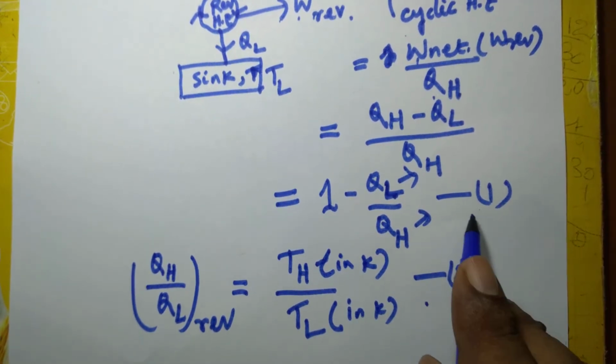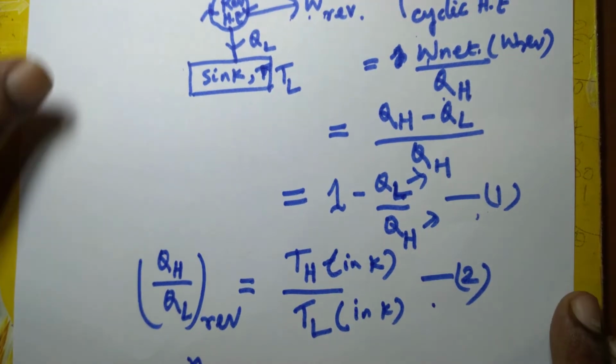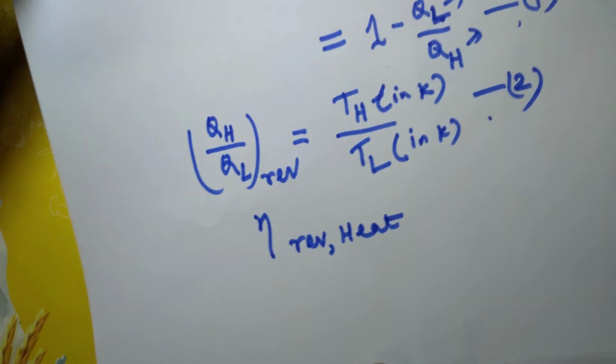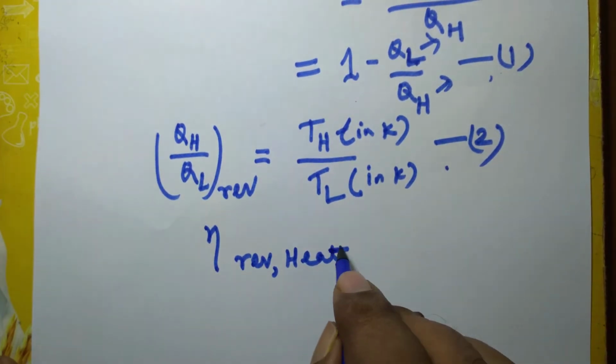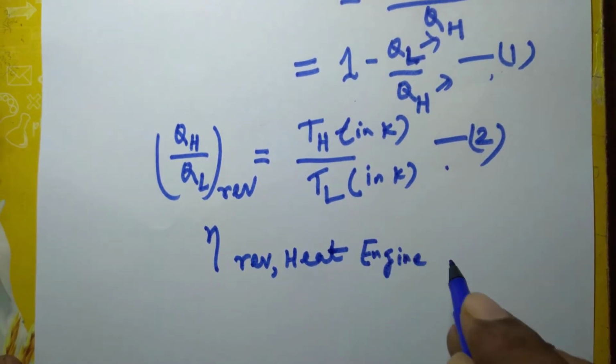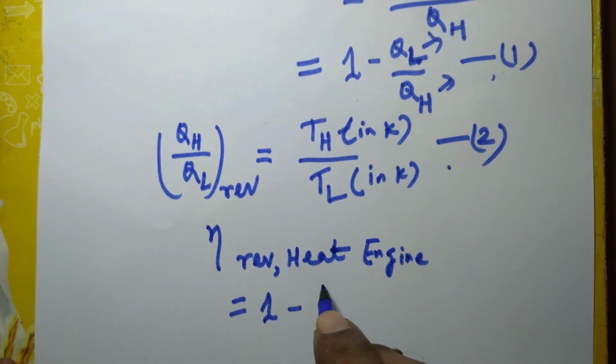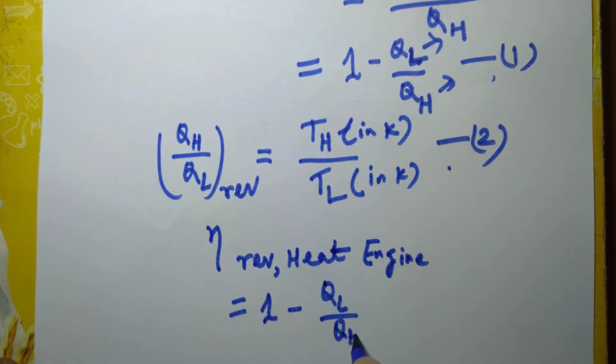Substituting equation 2 in equation 1, the efficiency of any reversible heat engine is equal to 1 minus QL by QH.